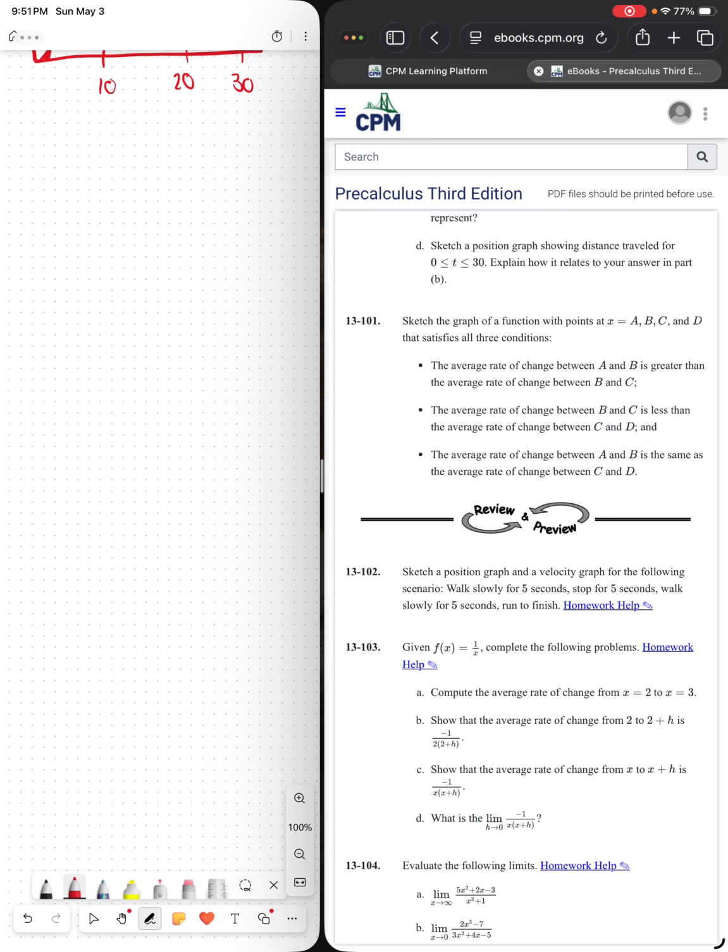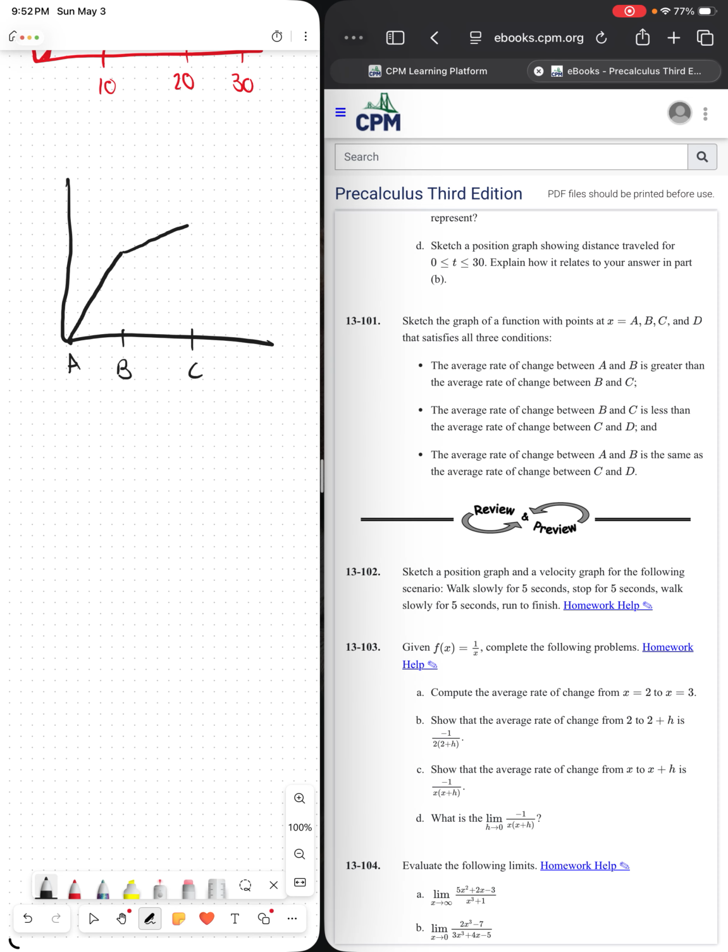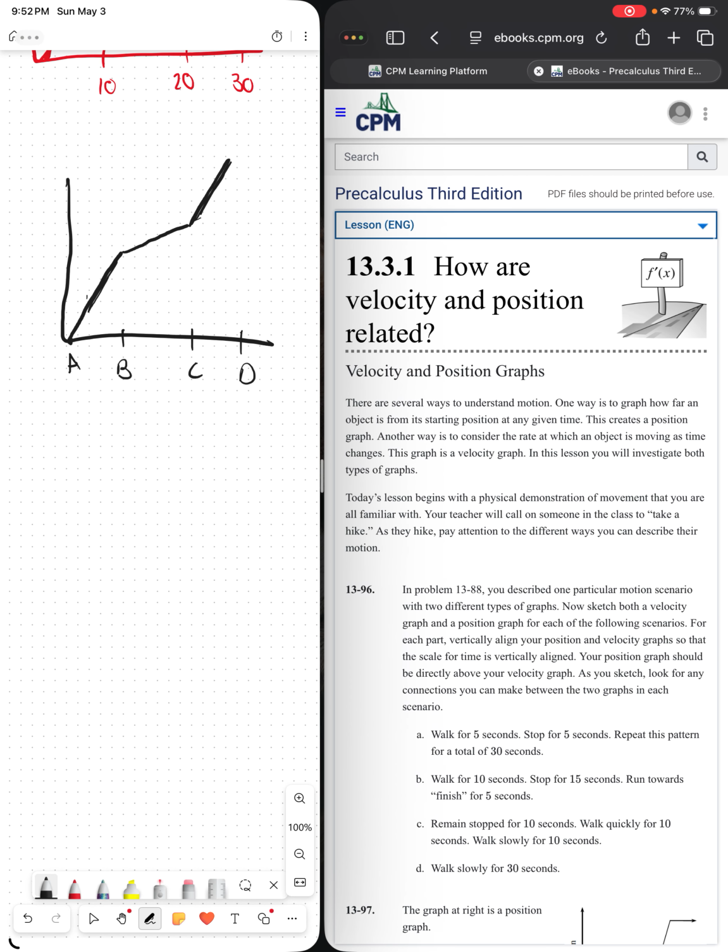So, sketching the graph of a function with the points A, B, C, and D. The average rate of change from A to B is greater than the average rate of change from B to C. The average rate of change from B to C is less than the average rate of change from C to D. And then the average rate of change of A to B is the same as C to D. So pretty close there. Okay, and that is lesson 13.3.1.